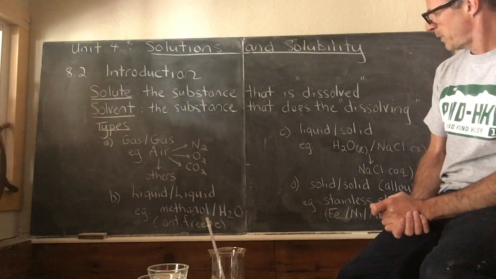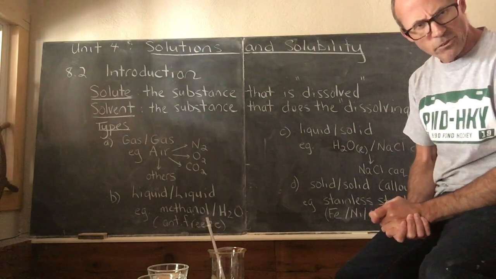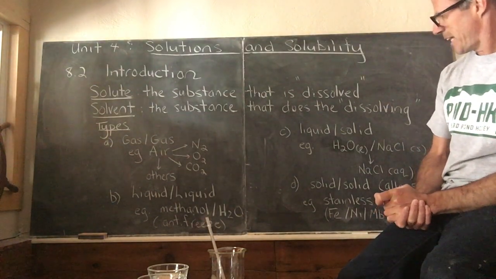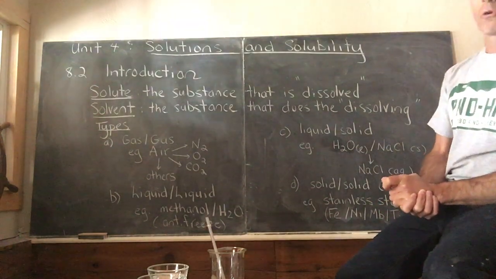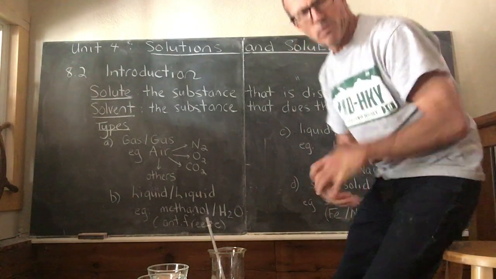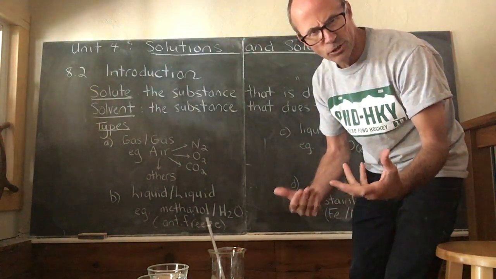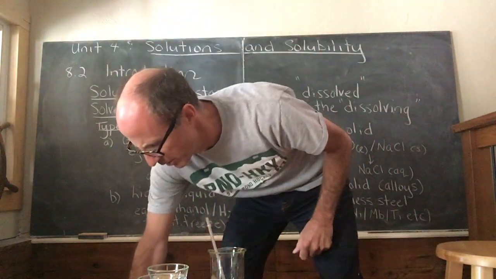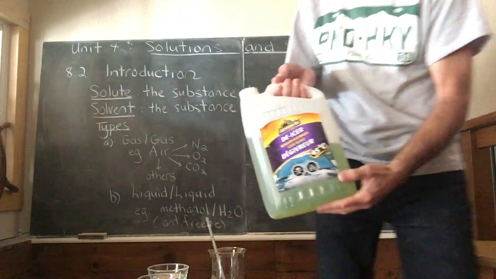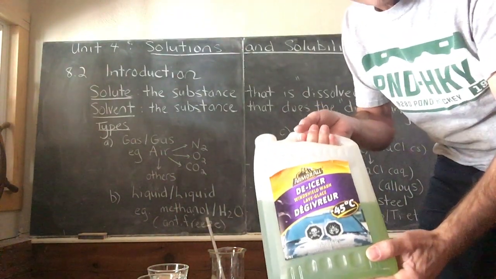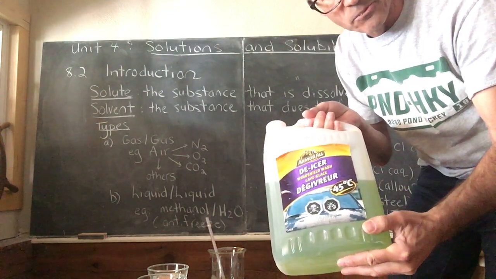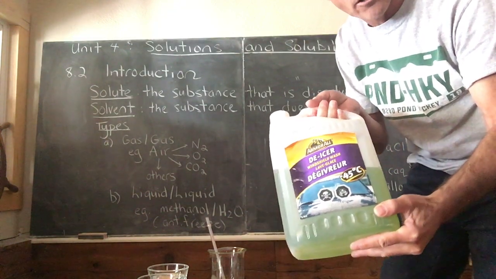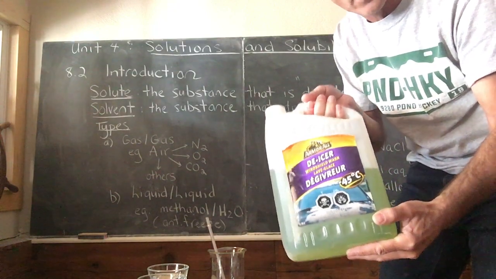Another example would be a liquid solution. The example I've got here is methanol and water, or antifreeze. Maybe some of you are working on getting your G1s. You're able to drive a little bit. Scary thought. And winter has passed, but in the middle of winter, sometimes it's nice to have some de-icer in your car to clean off the windshield when it gets icy.